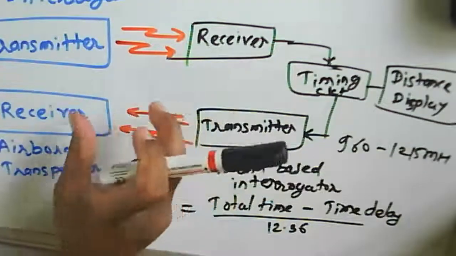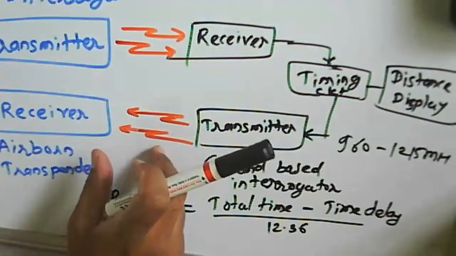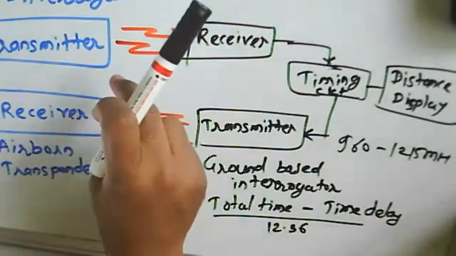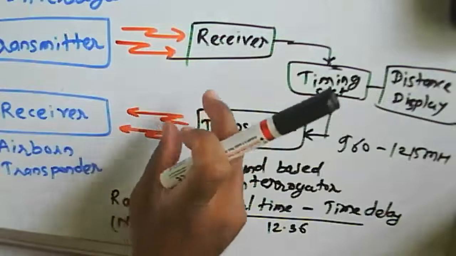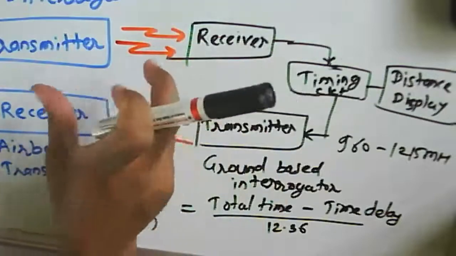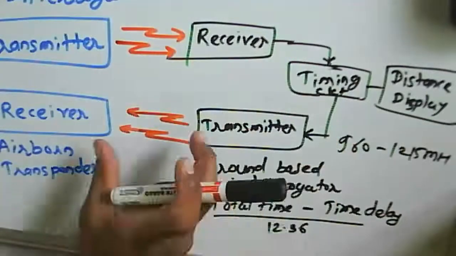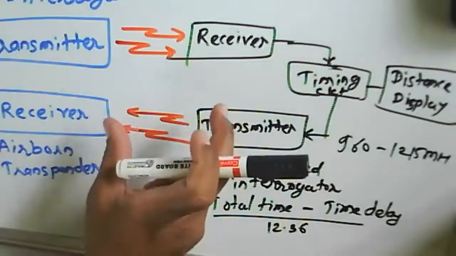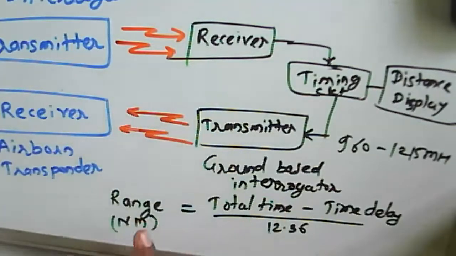Delay in between the transmitting pulse being received at this particular place, that is the time from transmitting to the receiver, and the delay again, and then that pulse is generated and transmitted. So that's why it is called the total time, and we need to find out the delay in generation of the pulse, and from this we can find out the range.